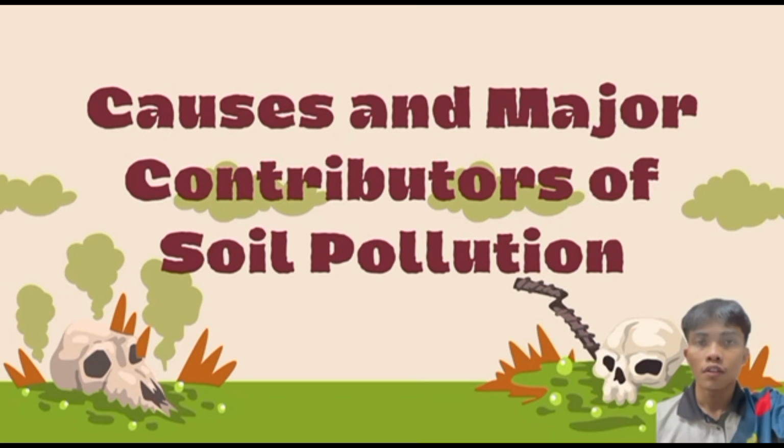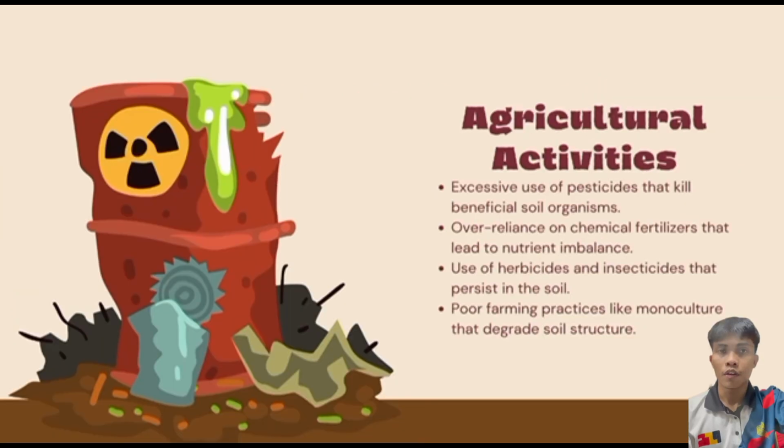Causes and major contributors of soil pollution. First, agricultural activities. Excessive use of pesticides that kill beneficial soil organisms, over-reliance on chemical fertilizers that lead to nutrient imbalance, use of herbicides and insecticides that persist in the soil, poor farming practices like monoculture that degrade soil structure.